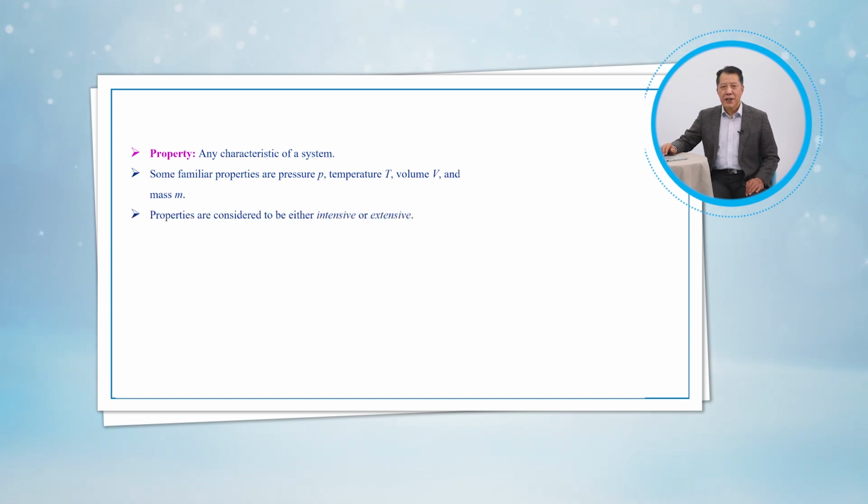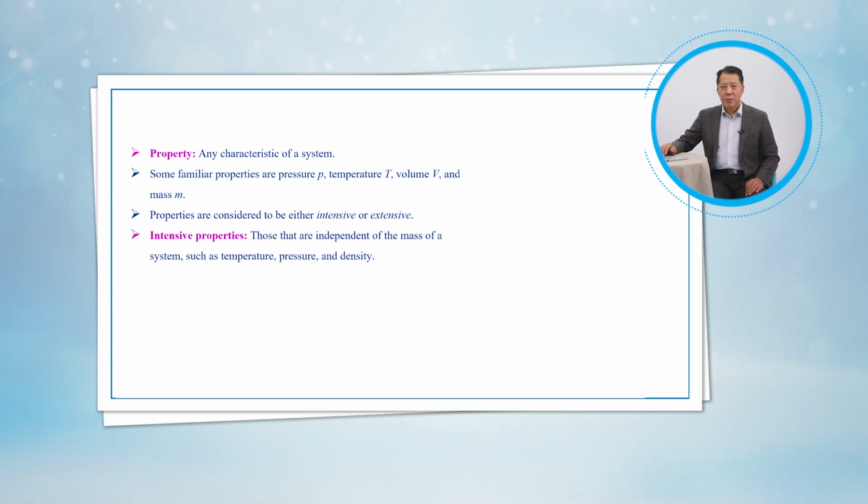Properties are considered to be either intensive or extensive. Intensive properties are those that are independent of the mass of a system, such as temperature, pressure, and density.